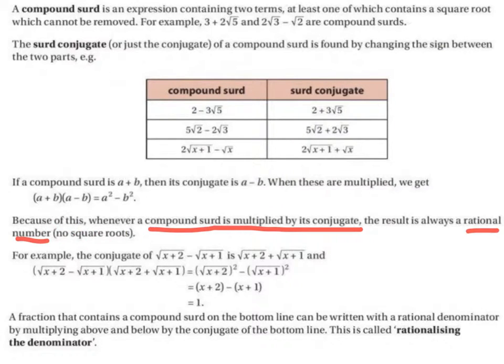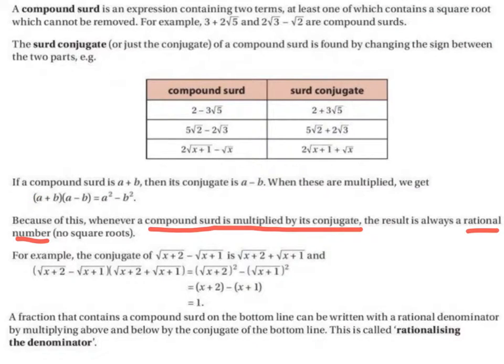So, for example, if we have root x plus 2 minus root x plus 1, the conjugate of that is going to be just change this minus to a plus. If we're to multiply both of those together, so if I stick brackets around this, and brackets around this, and multiply them together, I'm going to end up with a squared minus b squared in that format, which is basically the first term squared.